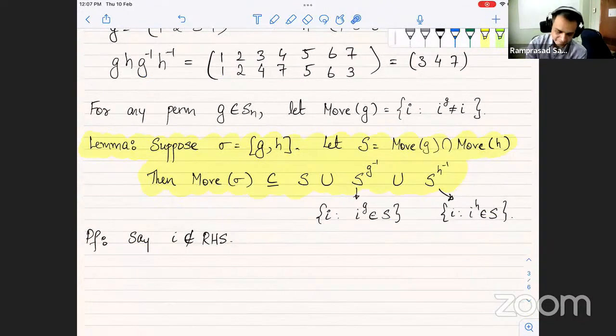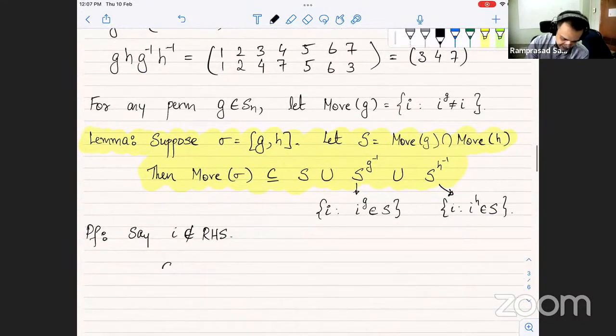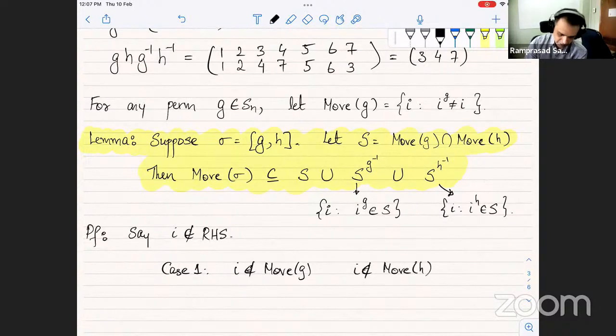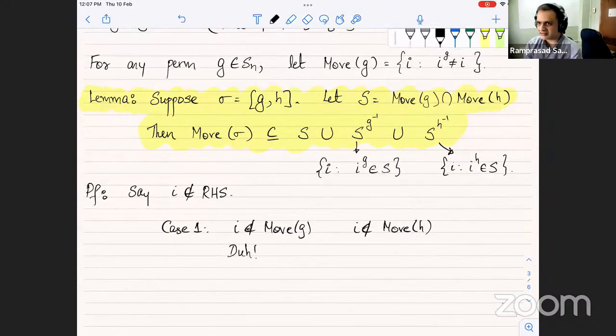Case 1: i is not in move G and i is not in move H. That is, i is an element that's not moved by G and not moved by H. So why would the commutator move it? None of them are moving it anyway. So this is trivial.